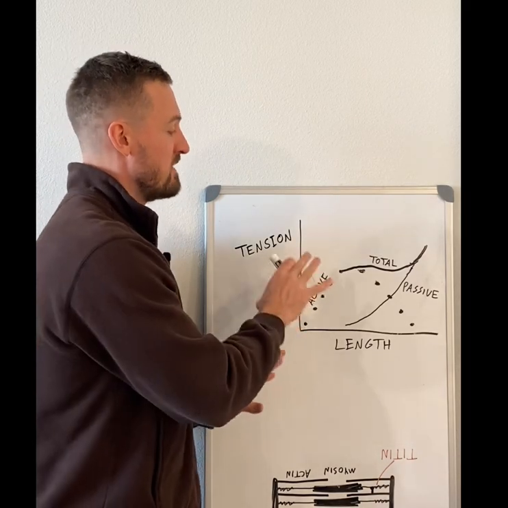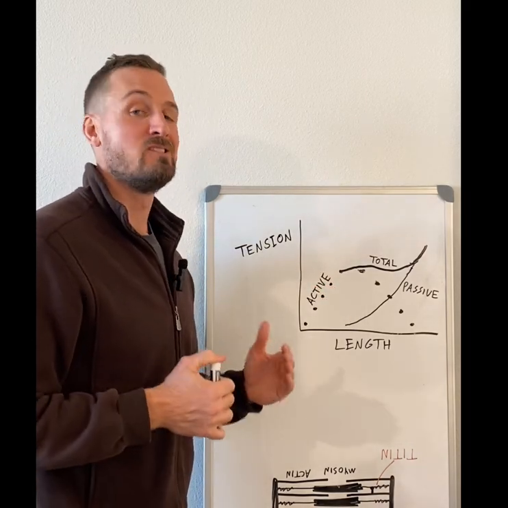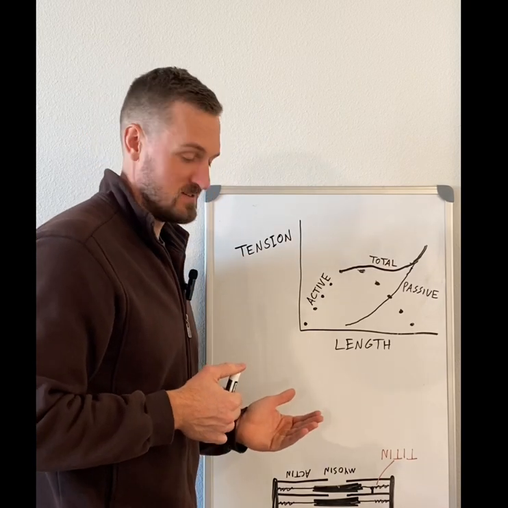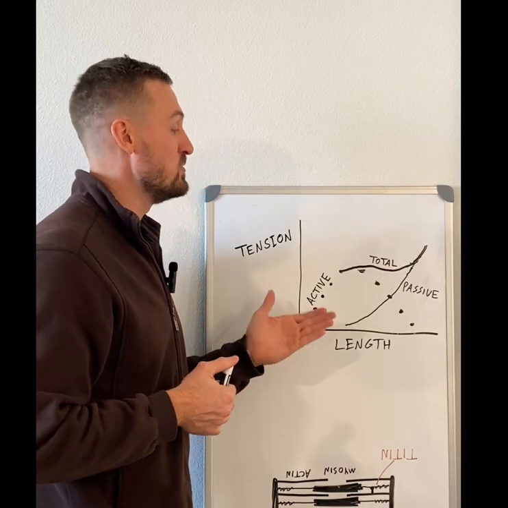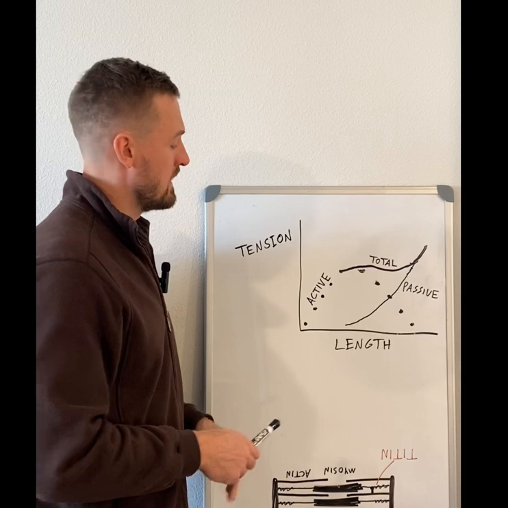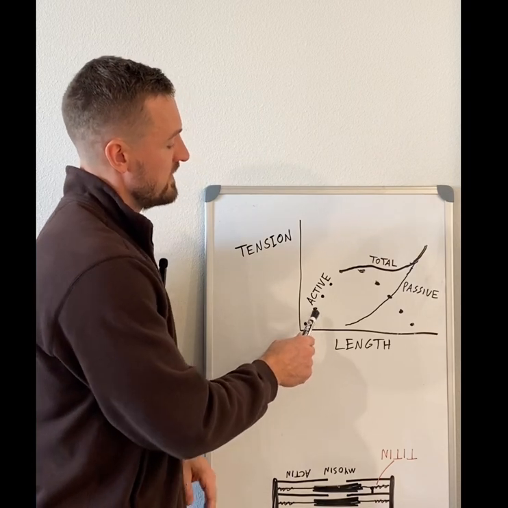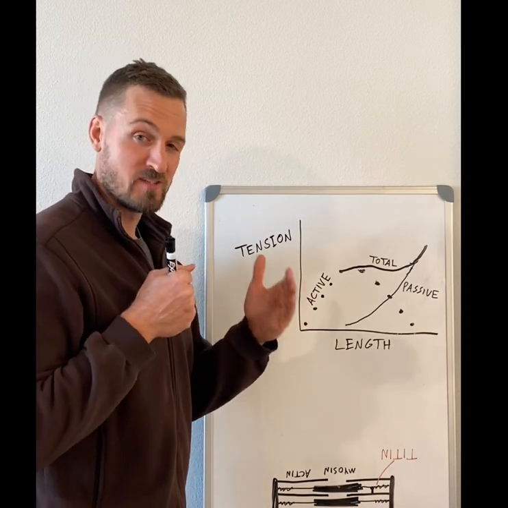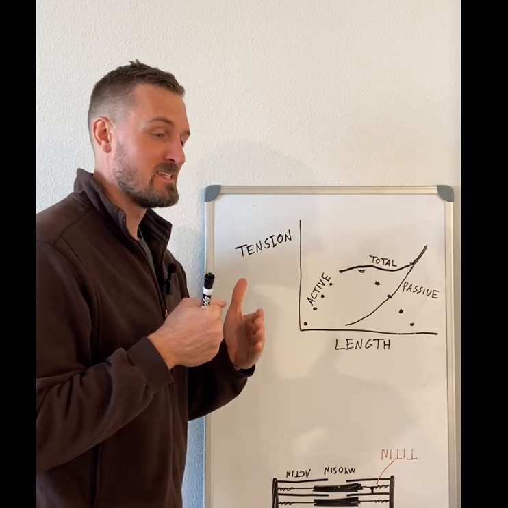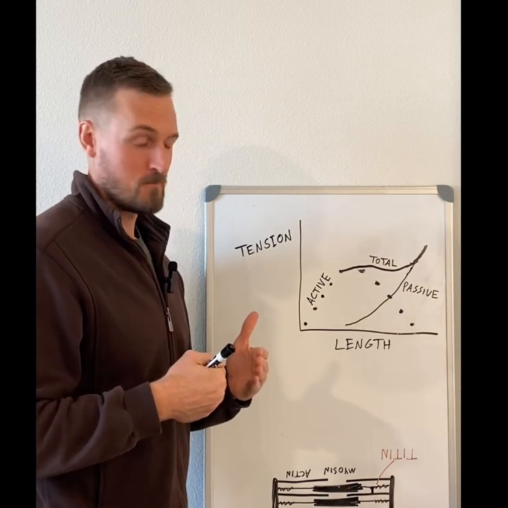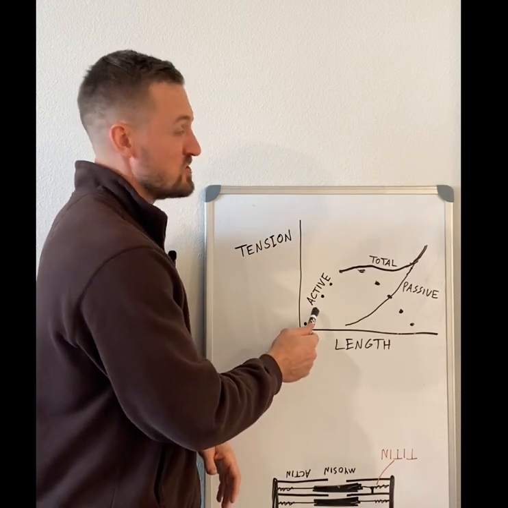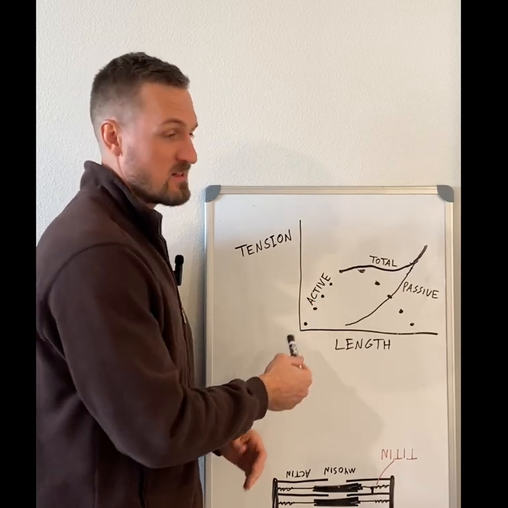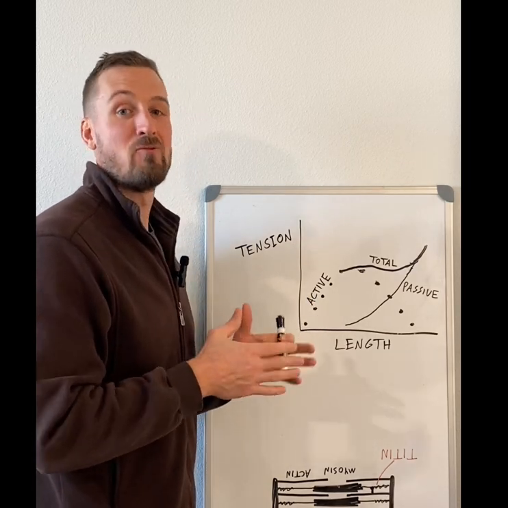So with that kind of picture, let's do a little application of this information, right? What do we do with this? So first of all, the length tension curve is why training muscles at very shortened lengths is not generally viewed as being effective, okay? Not for hypertrophy, not for strength, it's not generally effective.